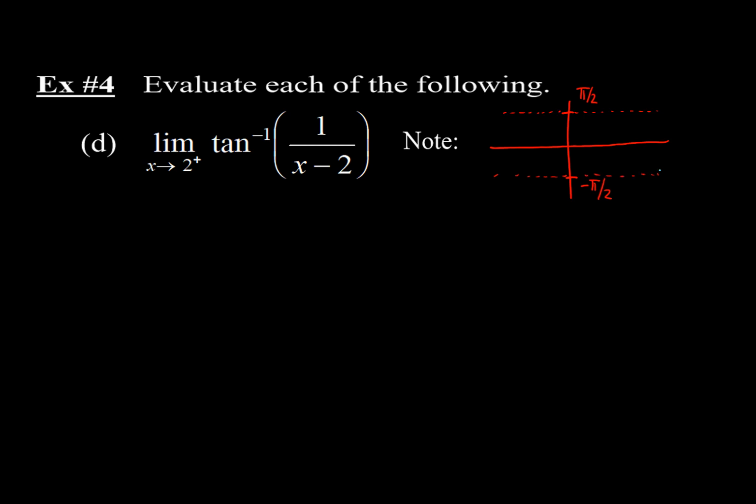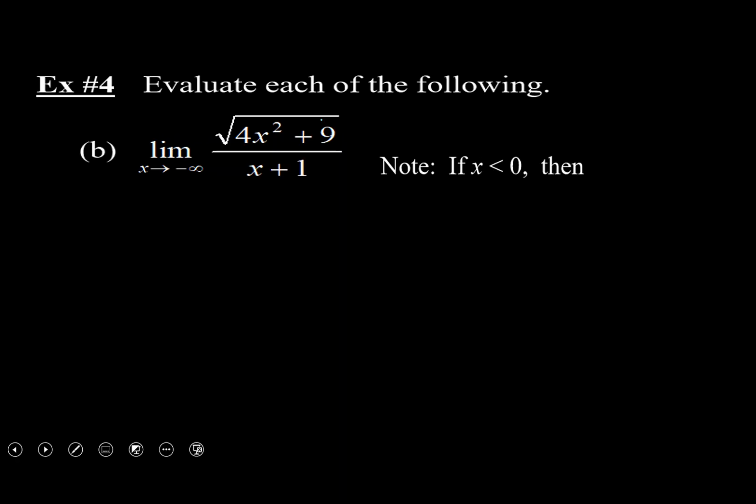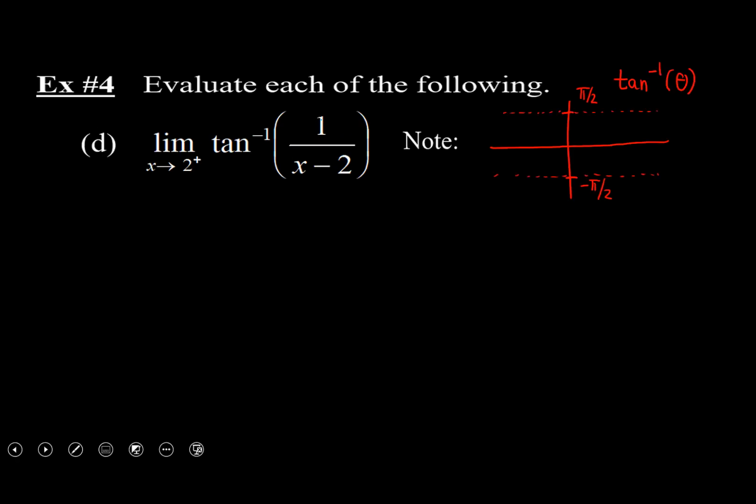And this is for the plain Jane inverse tangent function of theta. We don't have plain Jane inverse tangent function. We have the inverse tangent function of 1 over x minus 2. And we'll deal with that in a second.